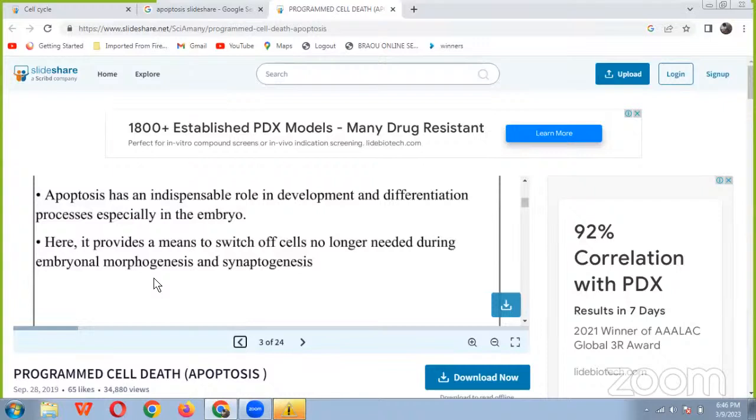It is mainly part of liver function, where unwanted materials are removed. It is also a defensive mechanism by which damaged and potentially dangerous cells can be eliminated to keep the individual healthy.